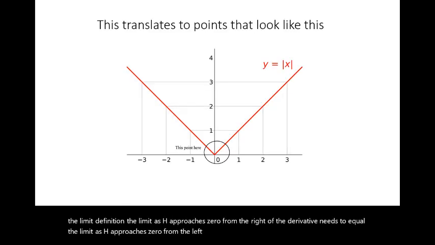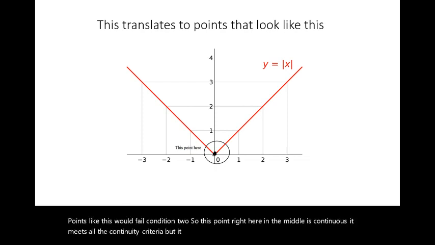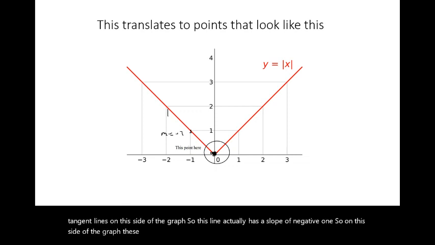Points like this would fail condition 2. This point right here in the middle is continuous. It meets all the continuity criteria, but it is not differentiable. If you notice, the slopes of the tangent lines on this side of the graph are going to be -1.